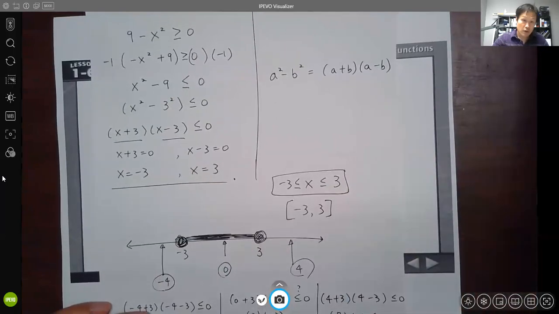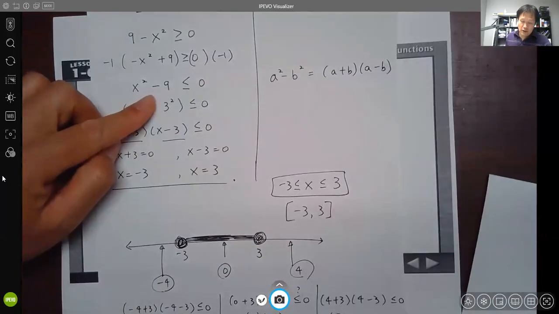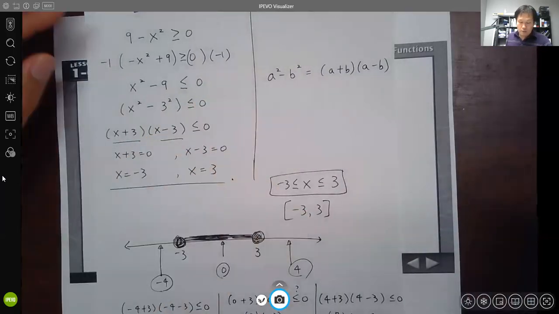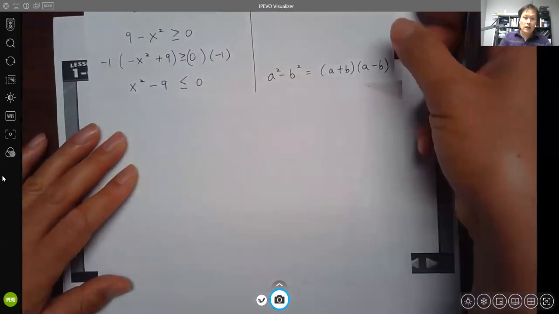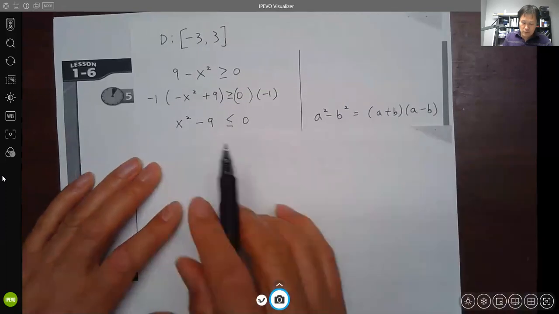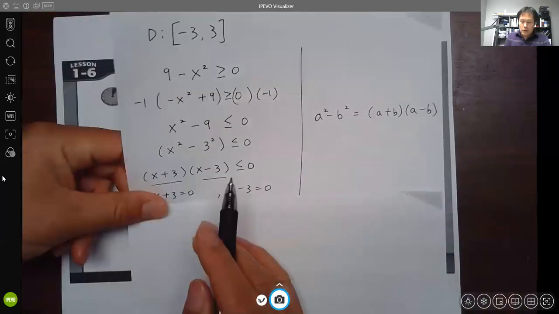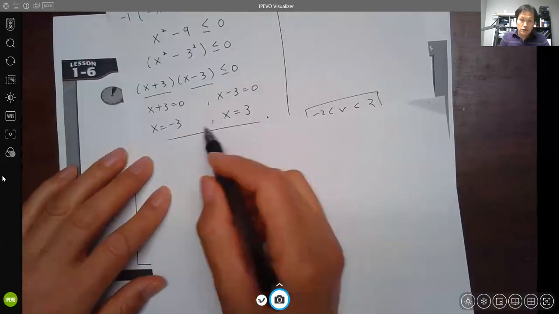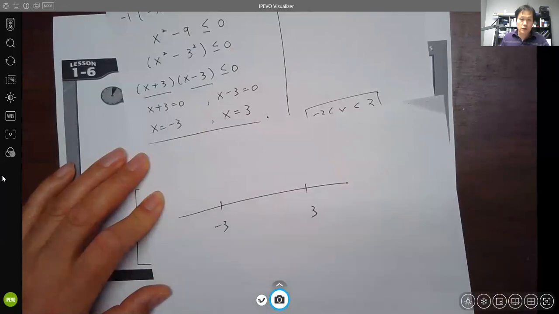Okay, my preference when you deal with this is the following. So that's one way. My preference, rather than doing all this work, is to graph right here. I've got two x values here, x as -3 and positive 3.